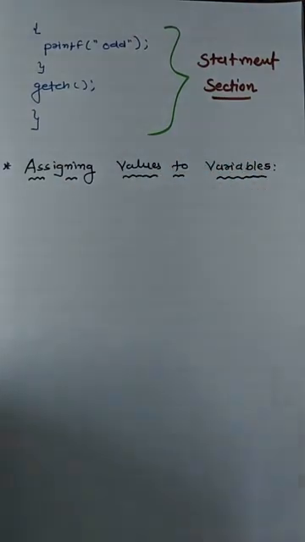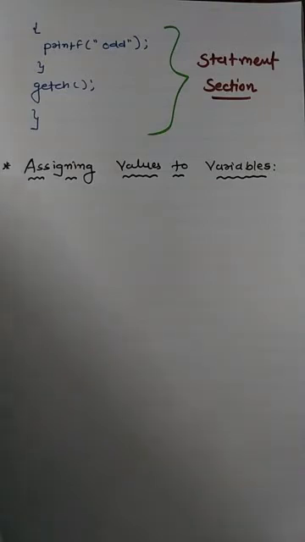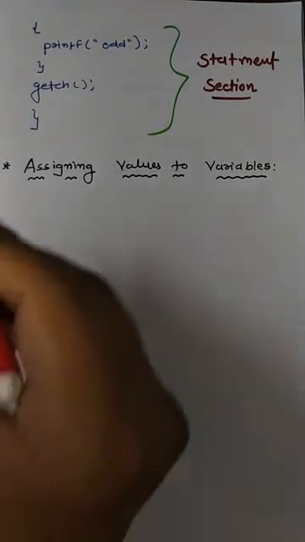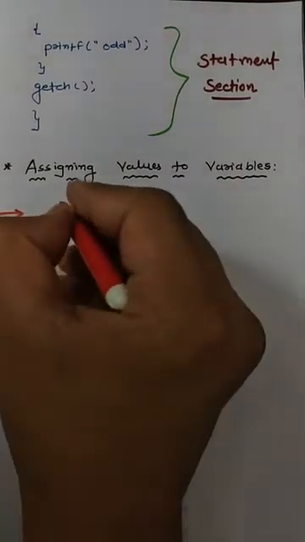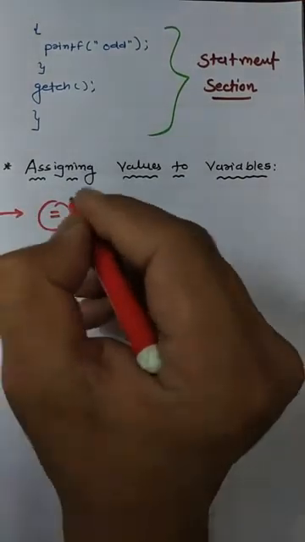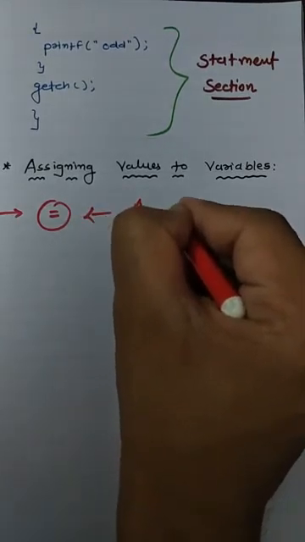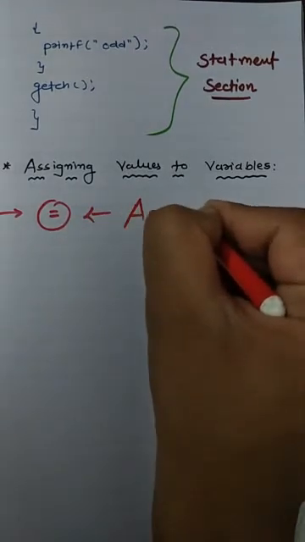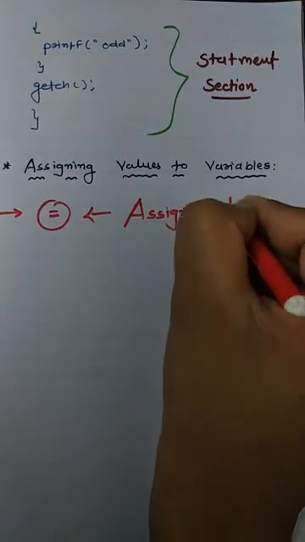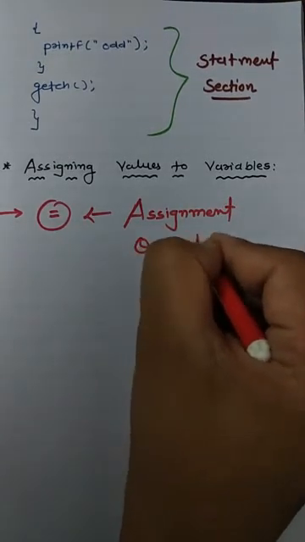Okay, so how to assign a value to a variable? To assign a value, we have to use the assignment operator.